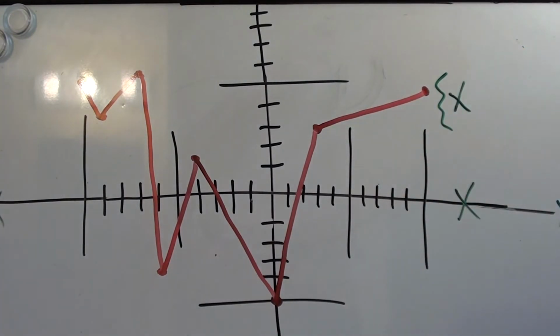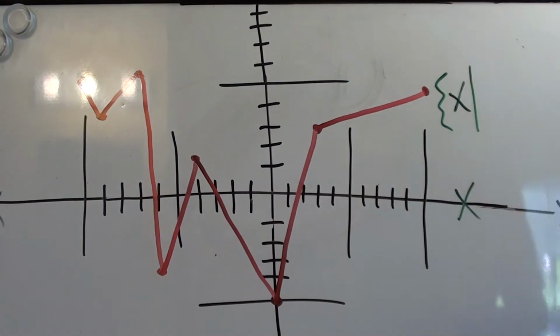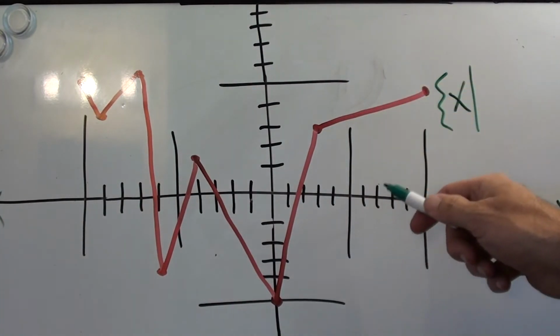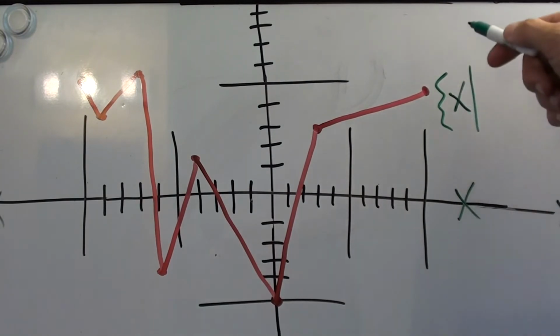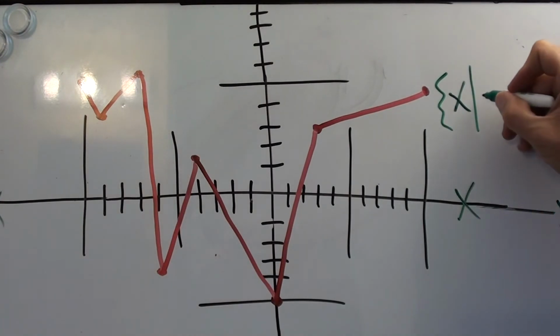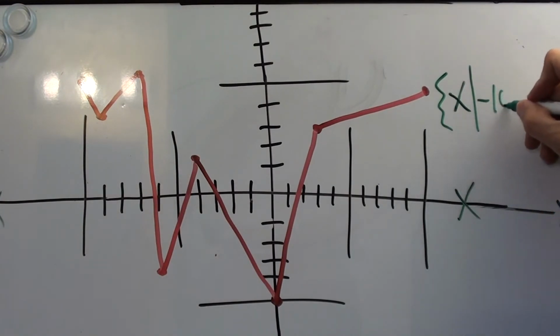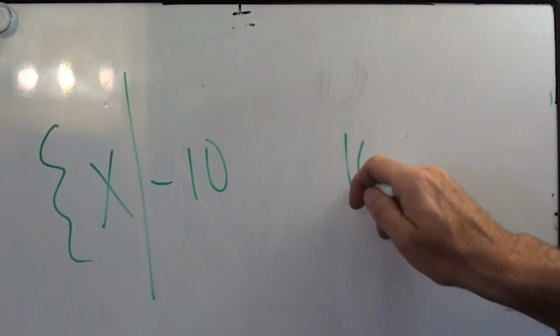Now we're going to draw a line here. That just means such that, okay? So, the range of x values such that. Now we have a negative 10 on this side, and 10.